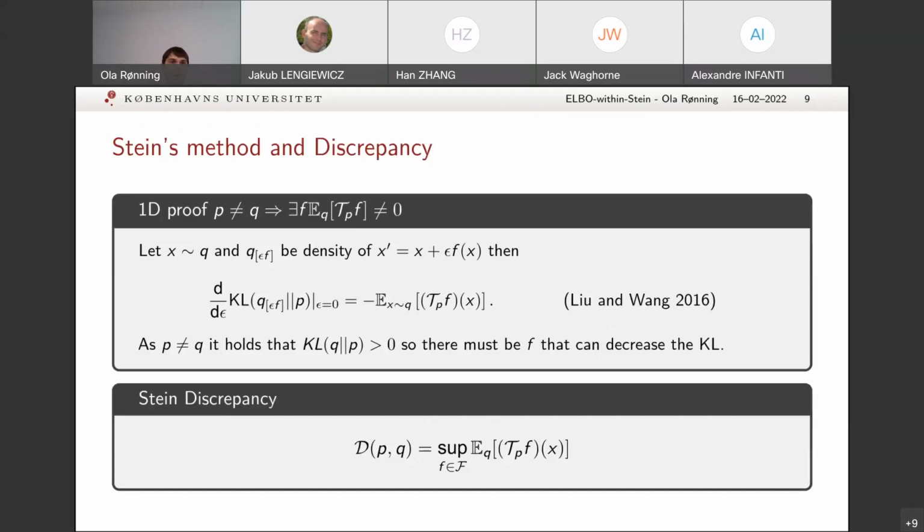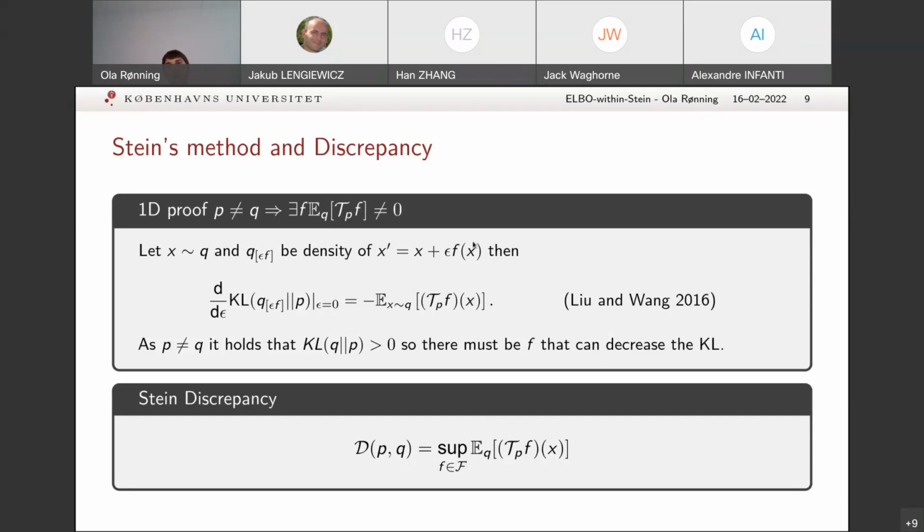Similarly, we can ask, what if they're not the same? We need to be a little bit careful here. So this is going to be a transform, where x is distributed according to Q, and we now have this distribution when we transform to a new x by this function here.